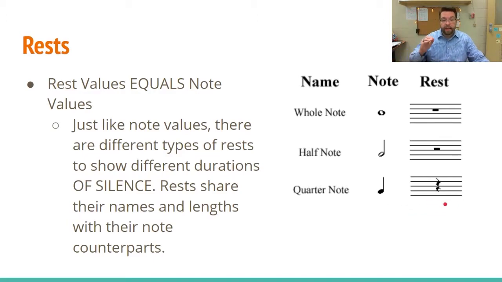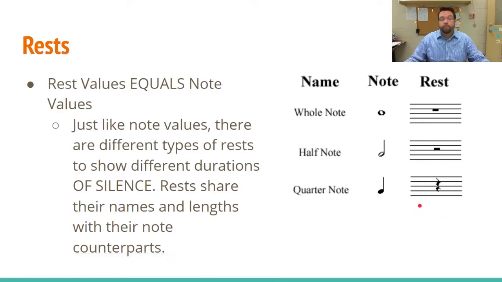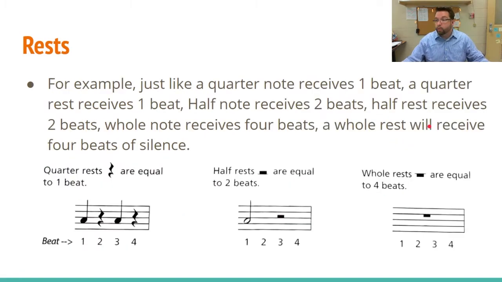Each of these rests has the same time value as each of these notes. So the whole rest is held for 4 beats of silence. The half rest is held for 2 beats of silence. The quarter rest is held for 1 beat of silence. That's where they get their names from. It's all derived from the whole note or the whole rest, either one.